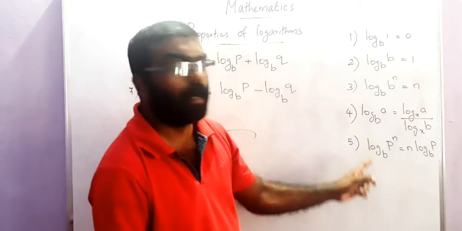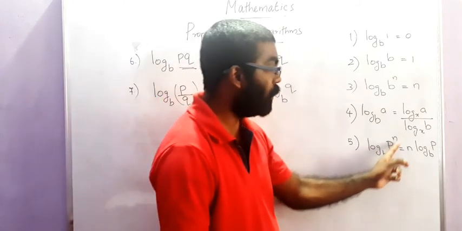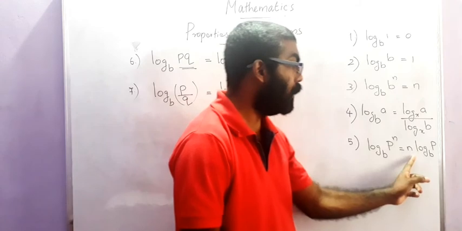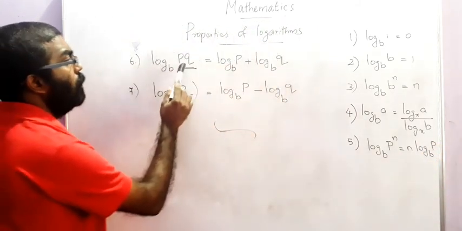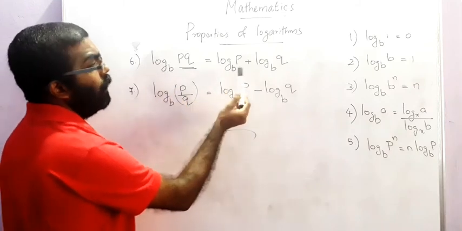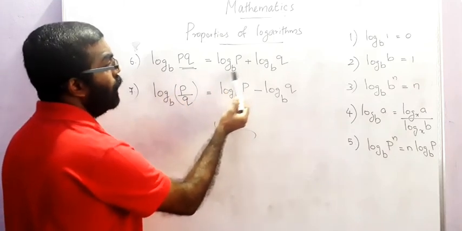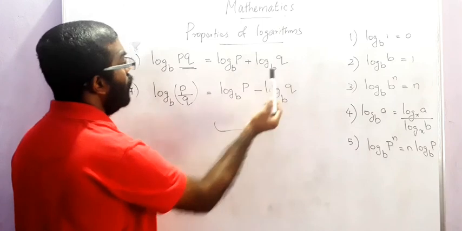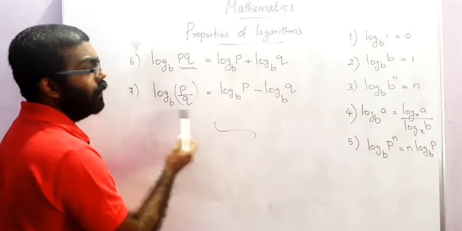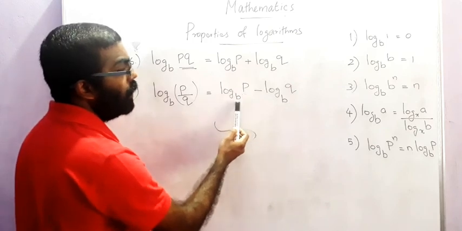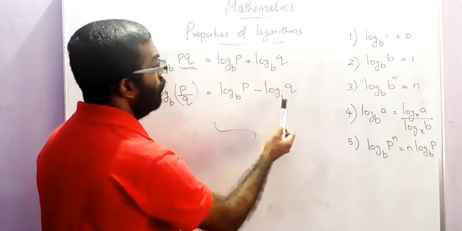The next one is the power rule: log p raised to n to the base b is equal to n log p to the base b. The sixth one is log pq to the base b is equal to log p to the base b plus log q to the base b. And the last one is log p by q to the base b is equal to log p to the base b minus log q to the base b.